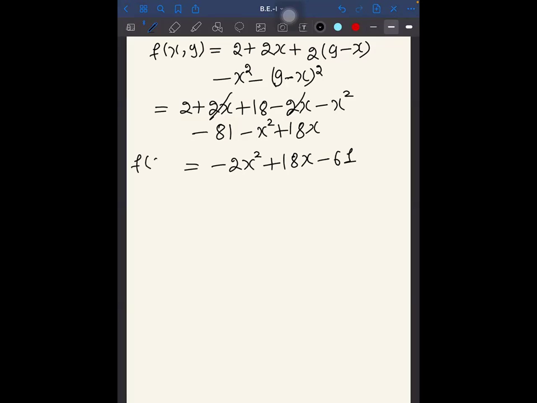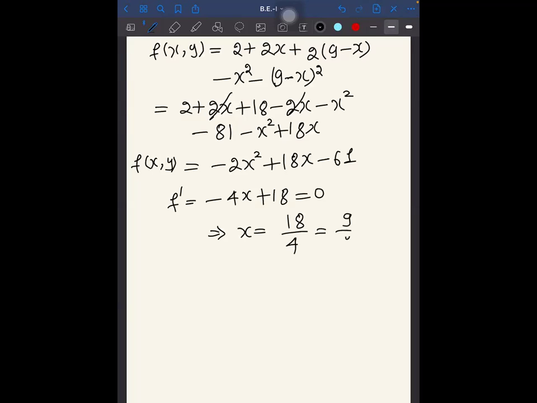So this is our one variable function. So again, let's take f dash, which gives minus 4x plus 18, and we put it equal to 0. So x will become 18 by 4, that is 9 by 2.